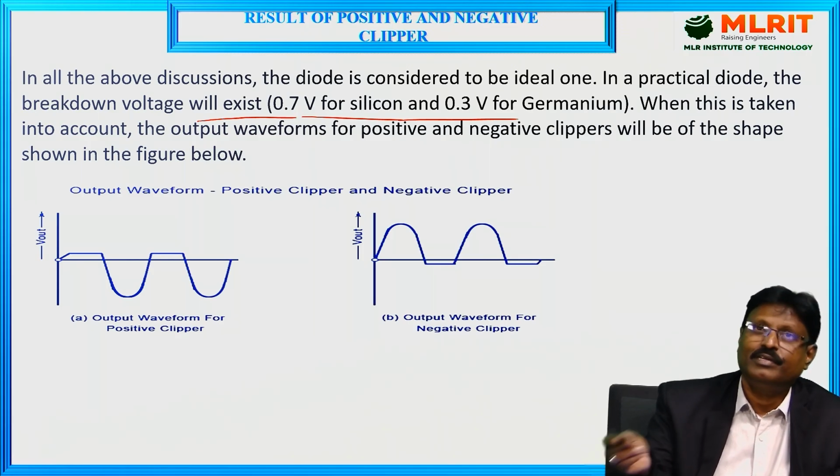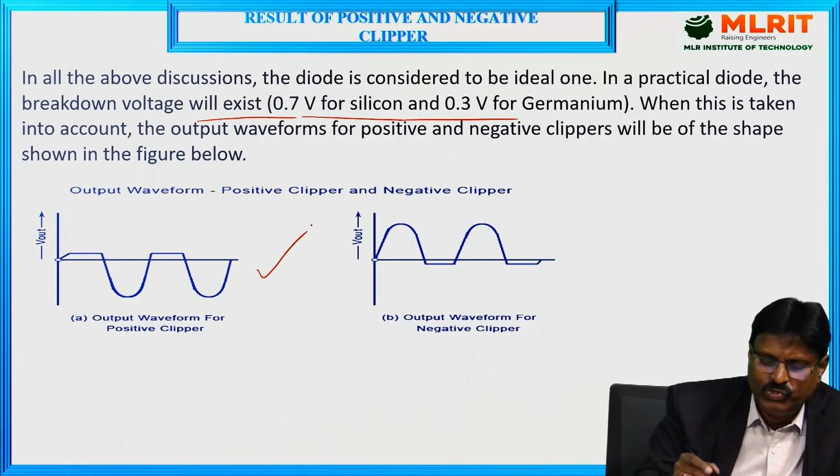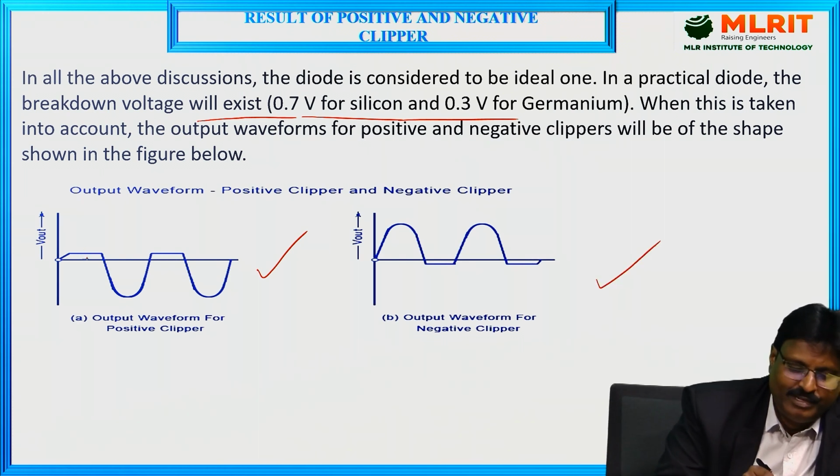So under practical conditions, if you take this into consideration, as you can see, this is the positive clipper output and this is the negative clipper output. As you can see here, the positive peak won't be there, it will be equal to 0.